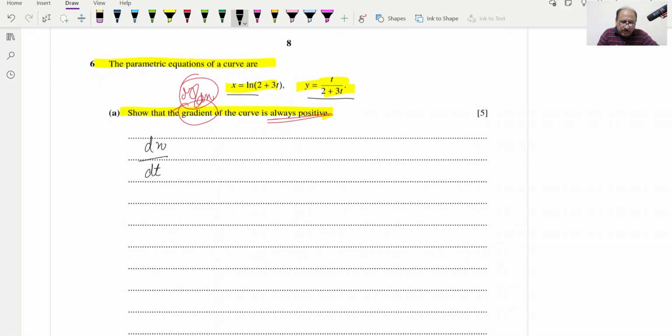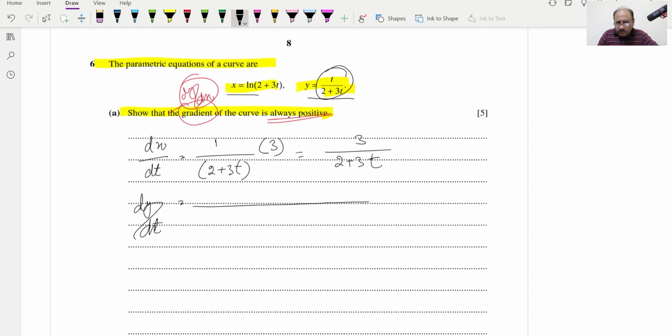So dx by dt will be what? dx by dt is equal to the derivative of log x, which will be 1 over x. So it will be 2 plus 3t, and the derivative of 3t will be 3. We will write here, and this is equal to 3 over 2 plus 3t, and this will be the dx by dt value. Now similarly dy by dt also we can find, and this will be the u over v formula.